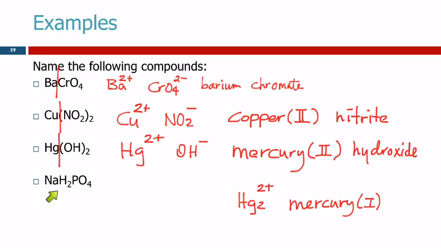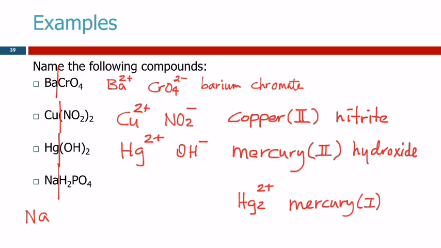How about this one? Now we've got even more letters in there. Again, most likely, just take off the first element, the metal. The first element is sodium. So we've got Na. Then write everything else together as one ion.